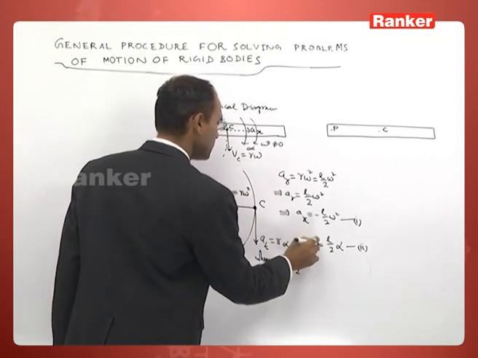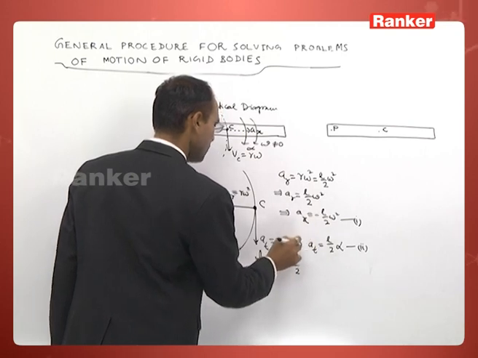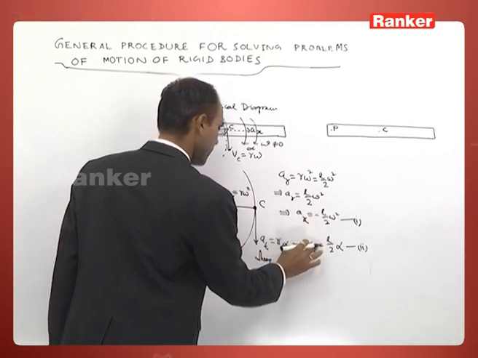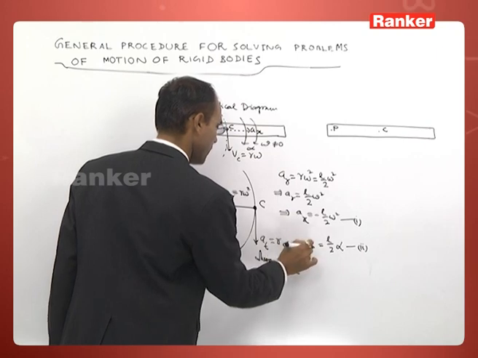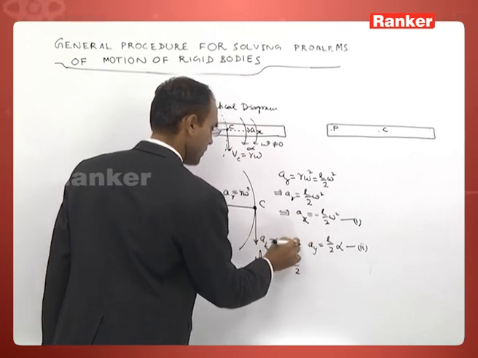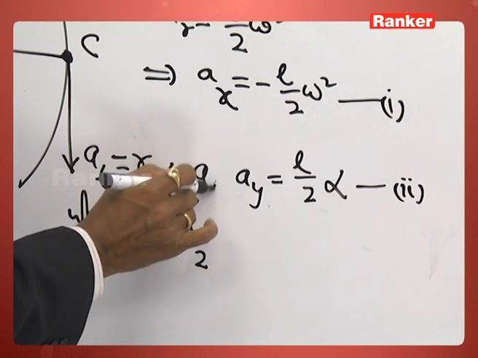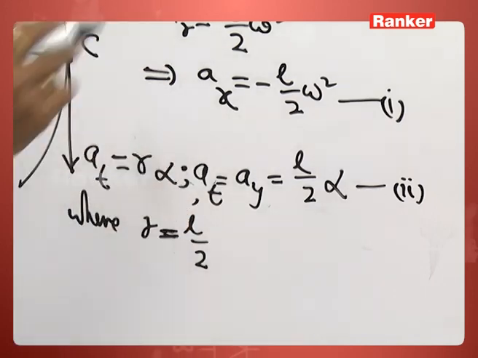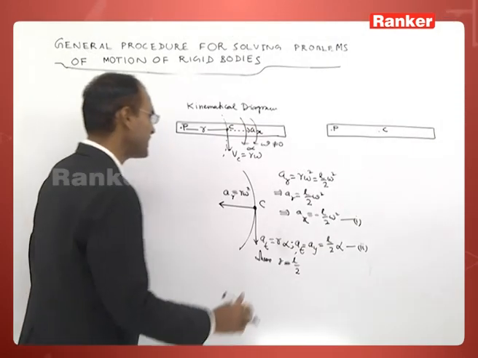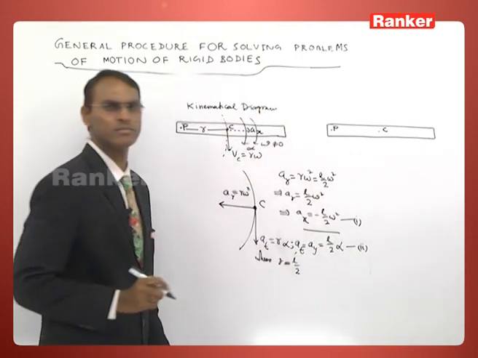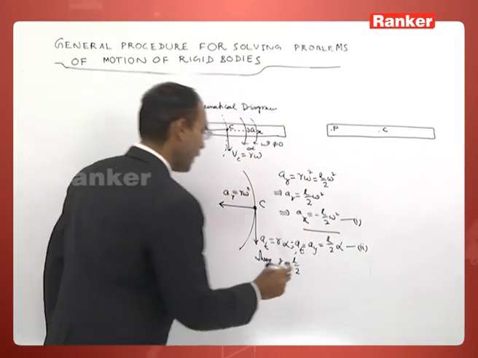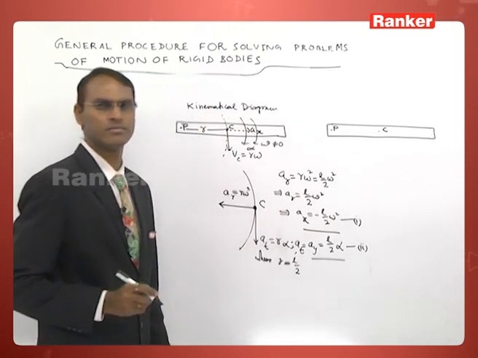So, we can just write AT is equal to AY. So, x is equal to minus L by 2 omega square, and AY is equal to L by 2 into alpha.